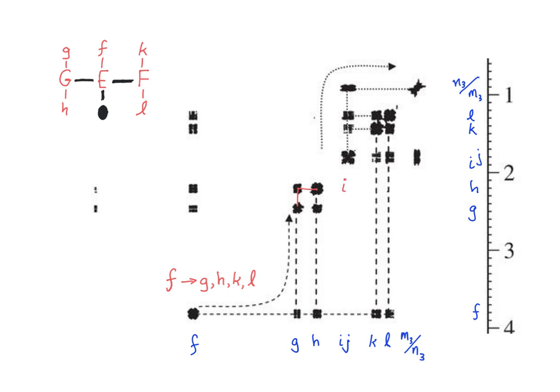For example, I is correlated with K, L, and M3 and/or N3.